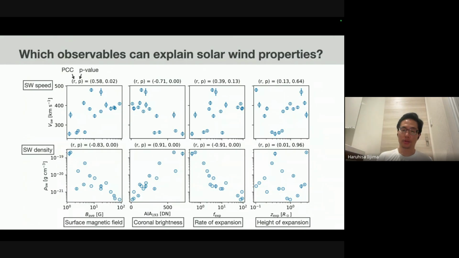The next panel shows the rate of the expansion, and the rightmost panel shows the height of the expansion. Observationally, the rate and height of the expansion are typically measured by potential field extrapolations from the solar surface magnetic field or by global MHD simulations.